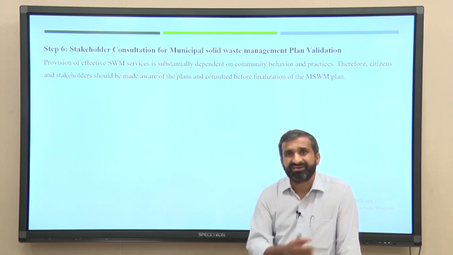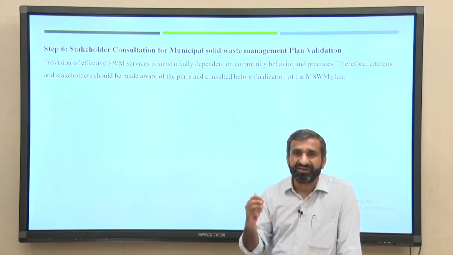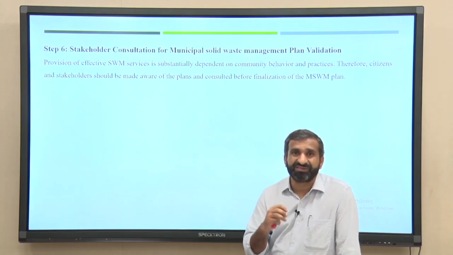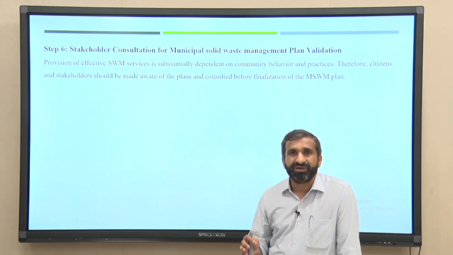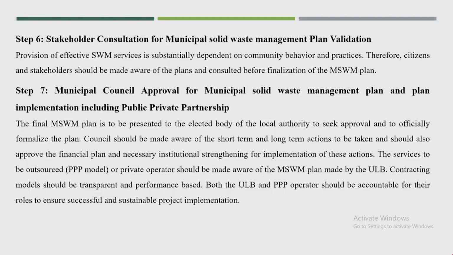So, likewise we can go again and again, having the stakeholder discussion. That is why step 3 and step 6 are specially given for the stakeholder discussions, so that every time whatever proposal you come up with, you have discussion with the stakeholders.